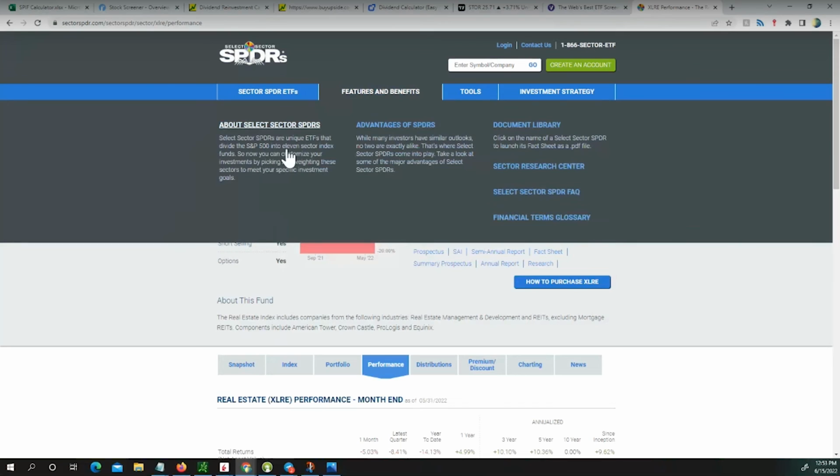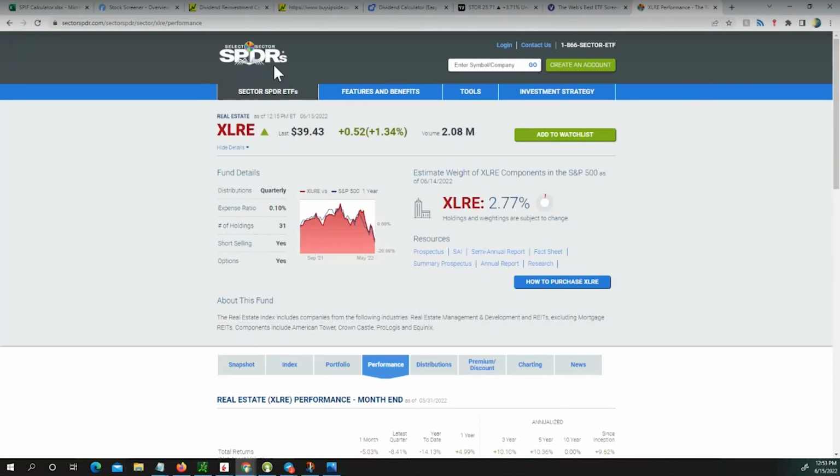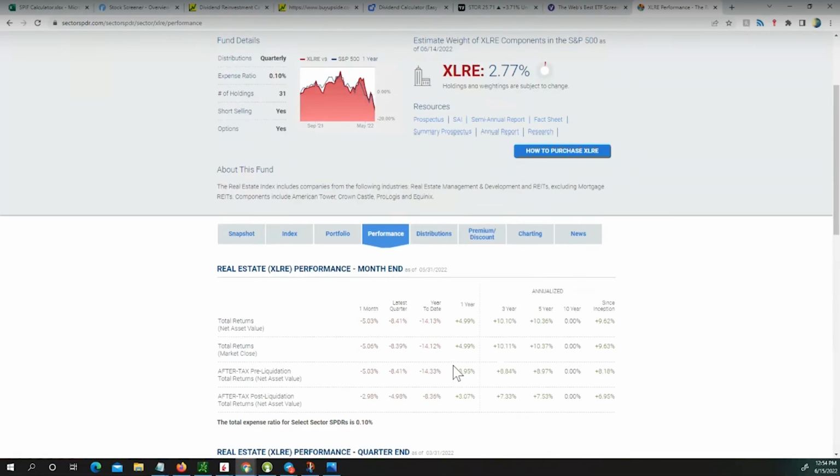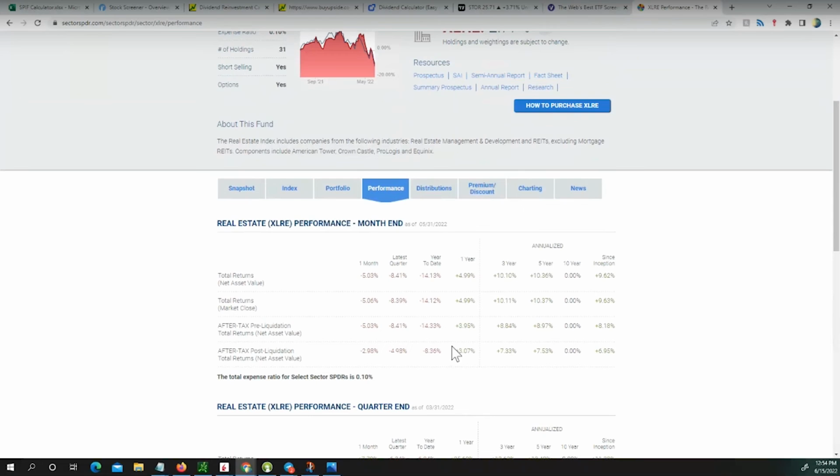Yeah, so this is the site, the SPDR ETFs and index funds. This is the site, and here you can see we have the real estate index and the current price and the likes, and you can see their performance over the last several years. So annualized performance in the last 3 years, they've done 10%.